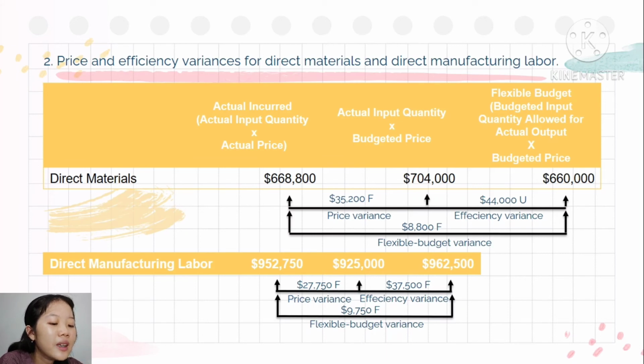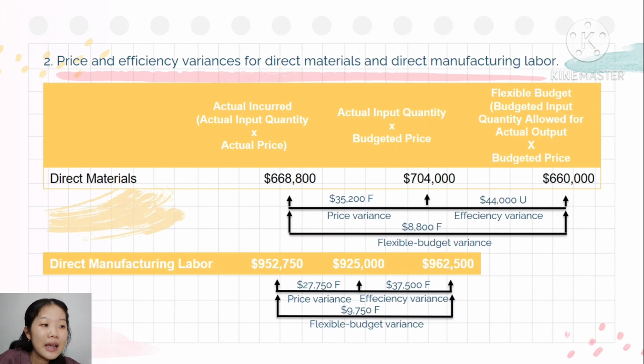And the last is the flexible budget in direct manufacturing labor. It's from 5,500 statues times 3.5 hours per statue, which is 19,250 hours, and we times again the $50 per hour, and the result is $962,400.